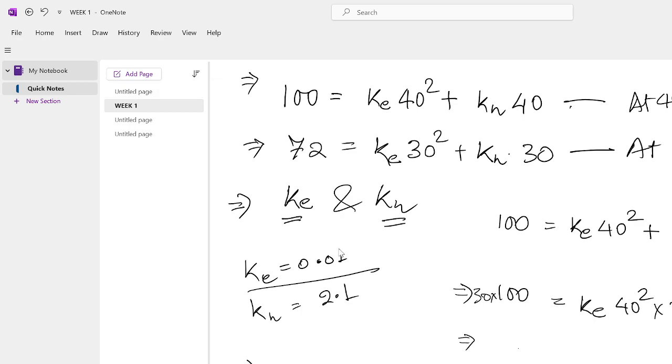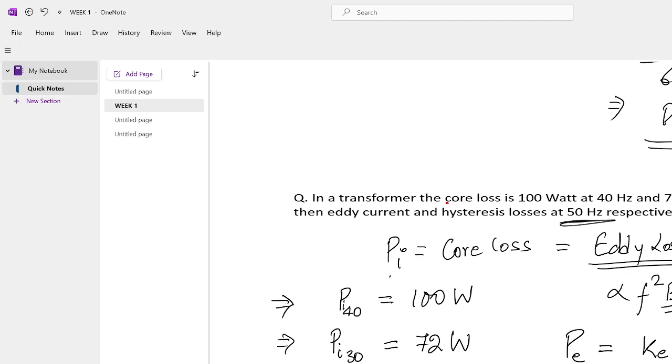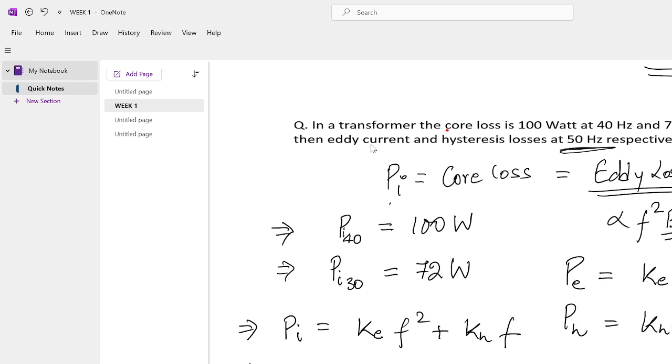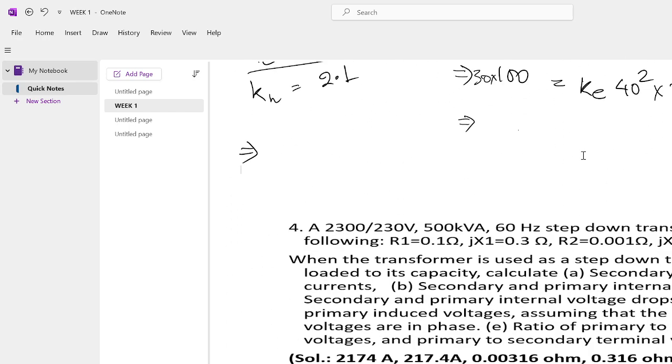Simply, in the question you have been asked: in a transformer, core loss is 100 watt at this frequency and 72 watt at 30 hertz. Find eddy current and hysteresis loss at 50 hertz. So eddy current loss will be P eddy equals K eddy into F squared, and P hysteresis will be equal to KH into 50.